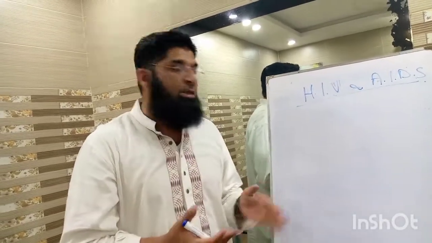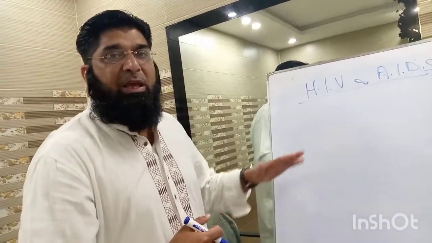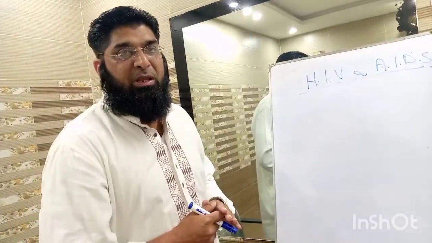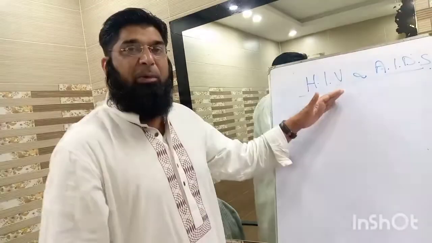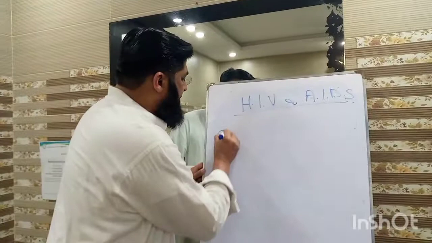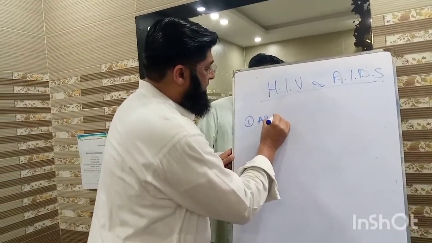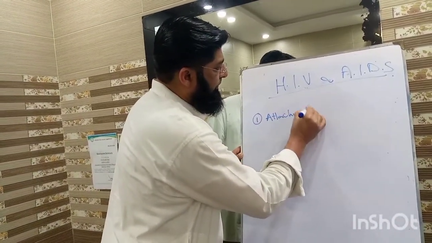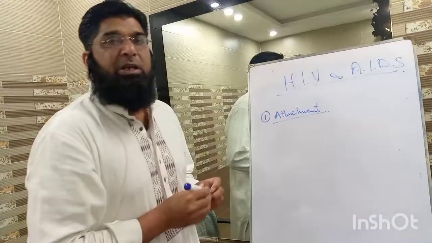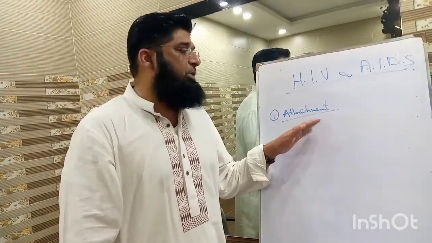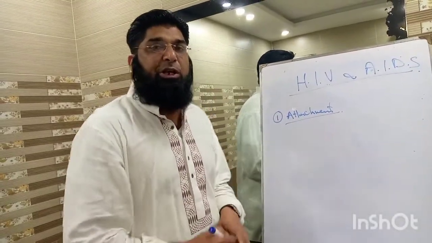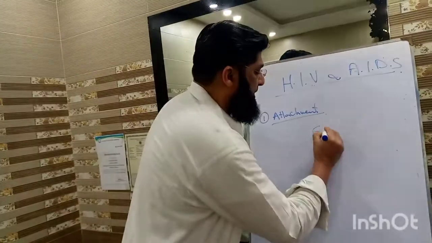Now, how does this conversion occur? It is a sequence of processes which makes this replication of virus more lethal for the host. Number one, attachment. Students, when HIV virus enters the bloodstream, it becomes attached to the CD4 helper T cells.